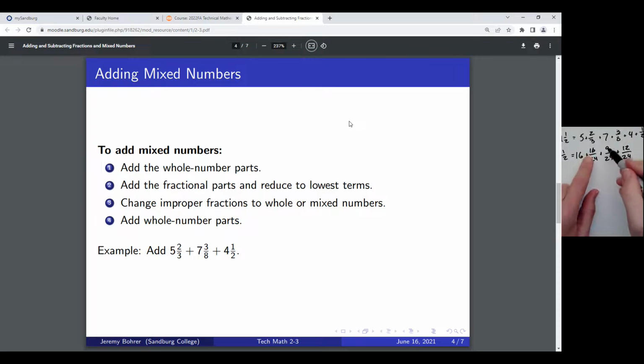We add our fractions. 16 plus 9 is 25, plus 12 is 37 over 24, which is 16 plus 1 plus 37 minus 24 is 13 over 24. So this comes to 17 and 13/24.